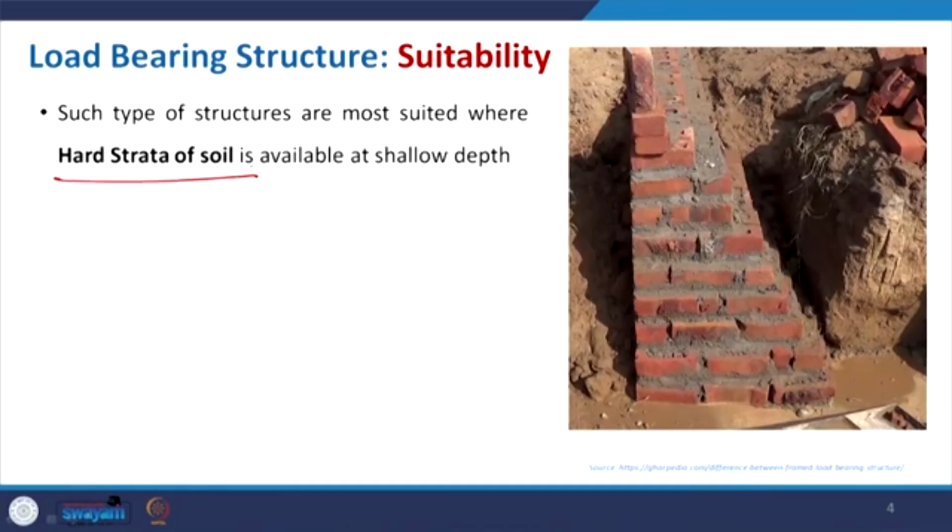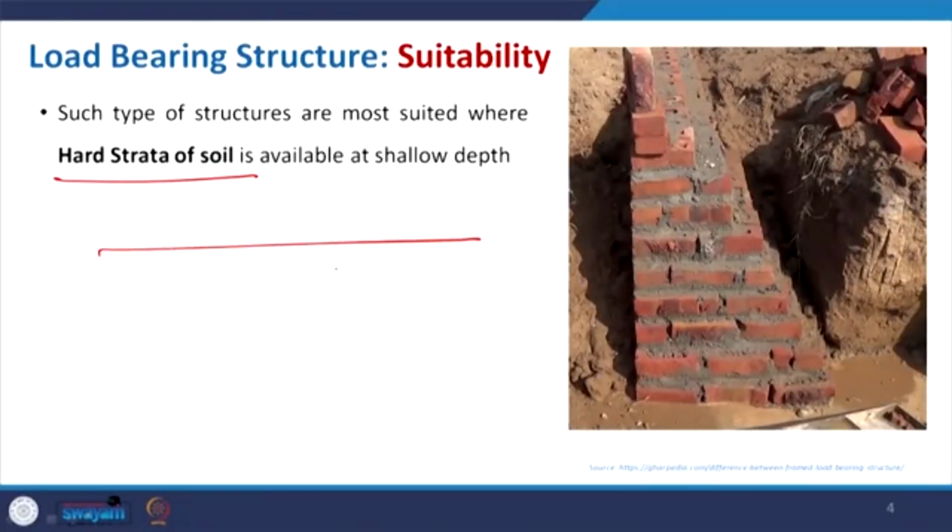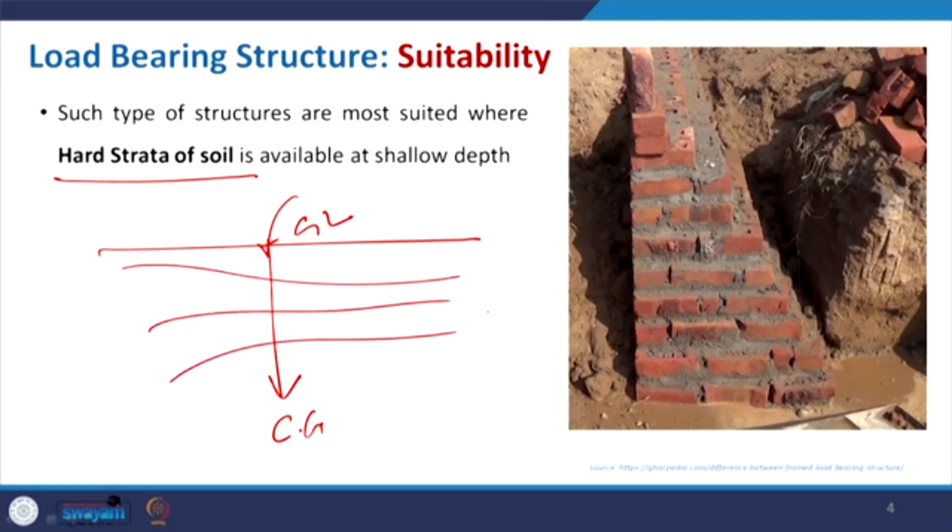One of the major considerations for load bearing structure is that the soil should have a very hard strata at a lesser depth. That means if you virtually make a cross section of our world surface, at the top is the ground level, and then if we go towards the center of the earth, we get a sectional profile. So, we have different kinds of strata in that particular profile.